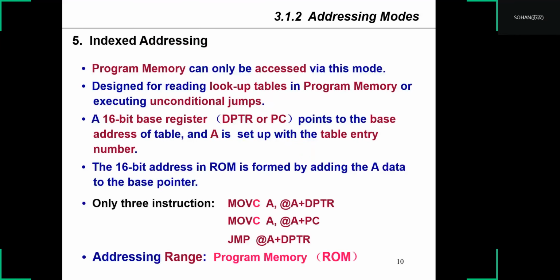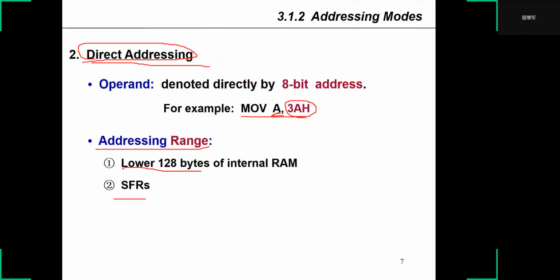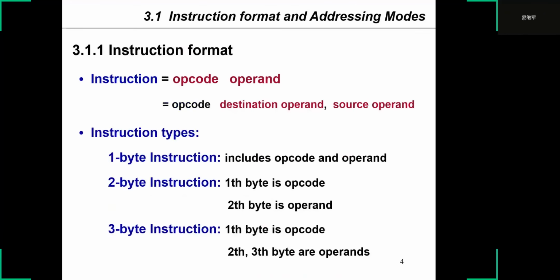Sometimes it should be destination and sometimes source, so how do we know which is which? If there is a 3-byte instruction, the first is the opcode, and the second and third are operands. The second is the destination operand and the third is the source operand.